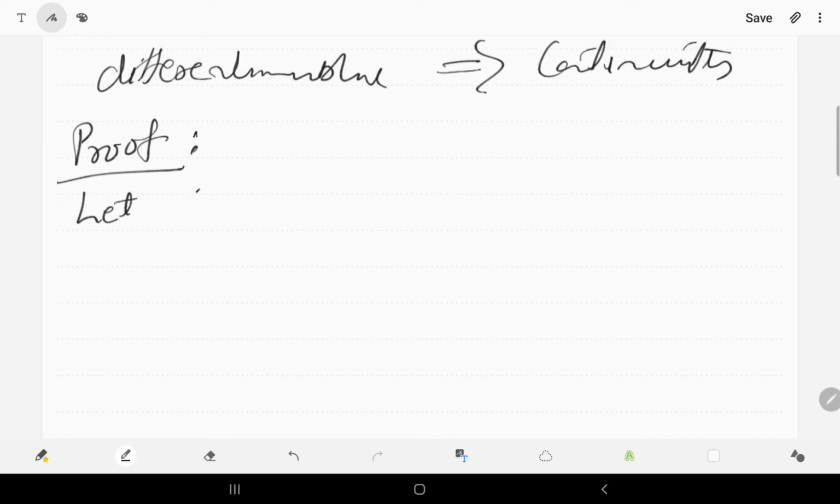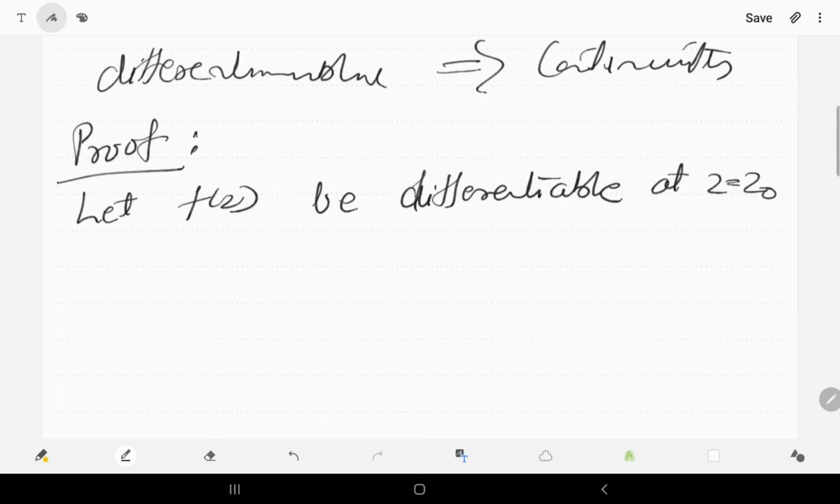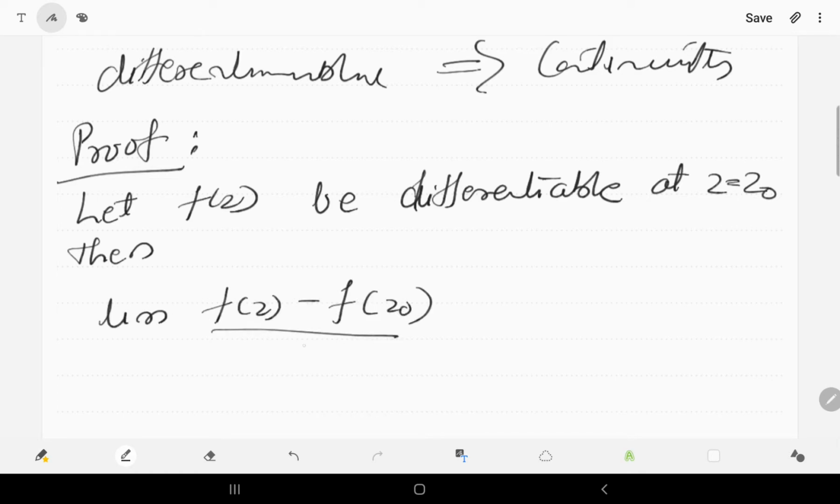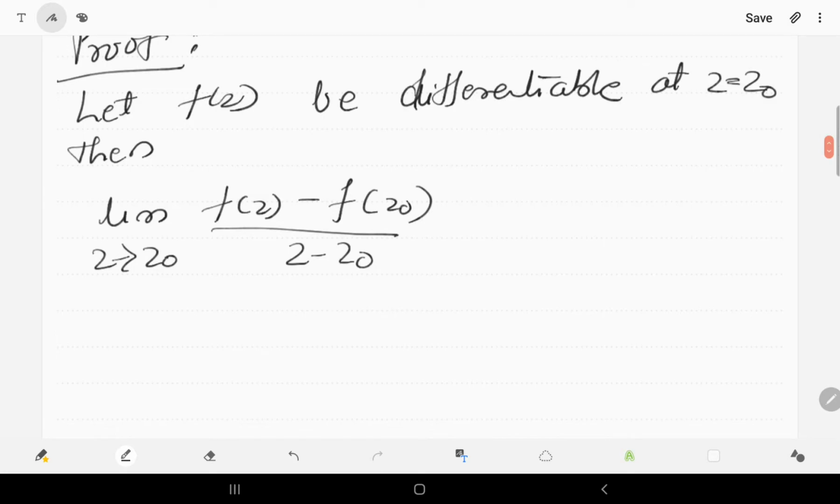Let f of z be differentiable at z equals to z0. Then the limit of f of z minus f of z0 divided by z minus z0 as z tends to z0, this is the definition of differentiability, exists and is unique, and it is equal to f dash z0.